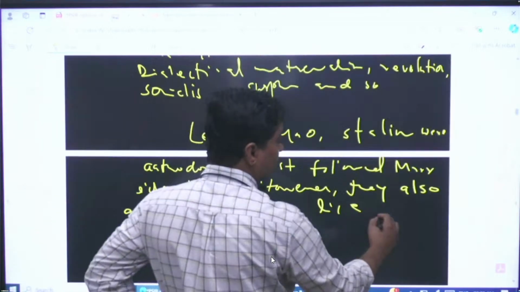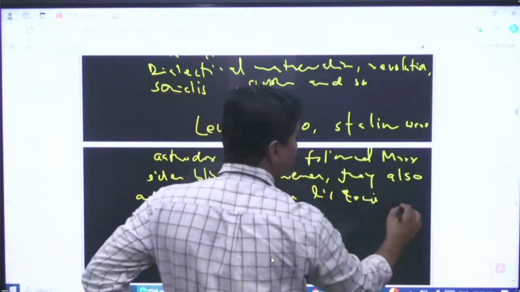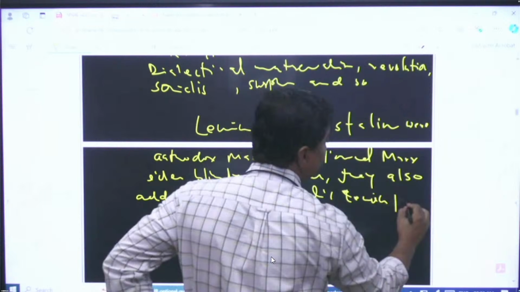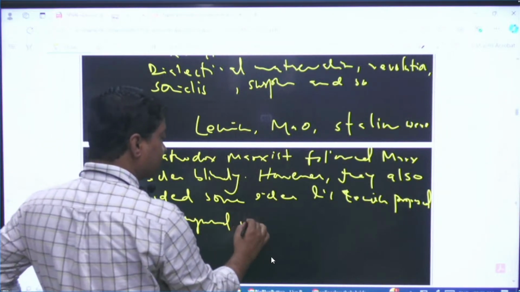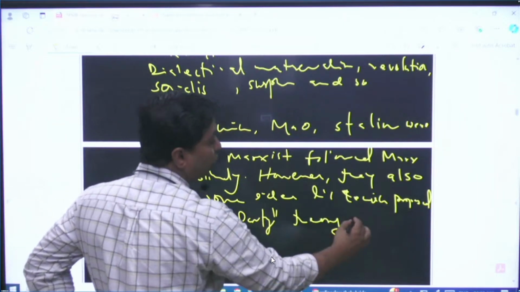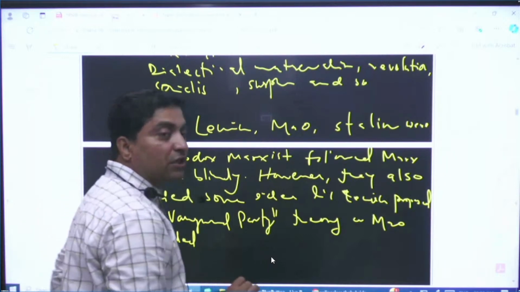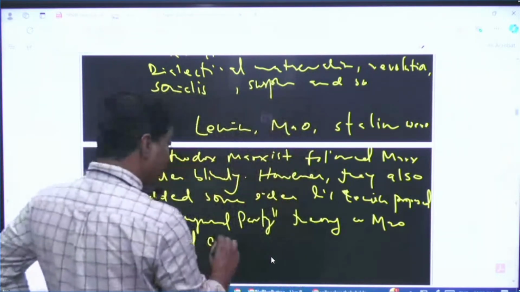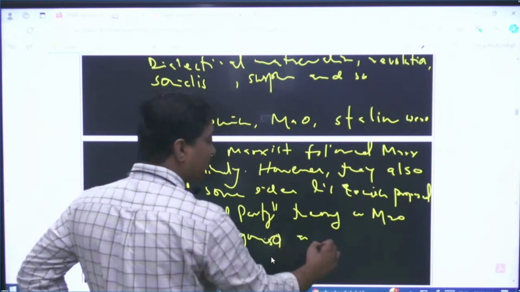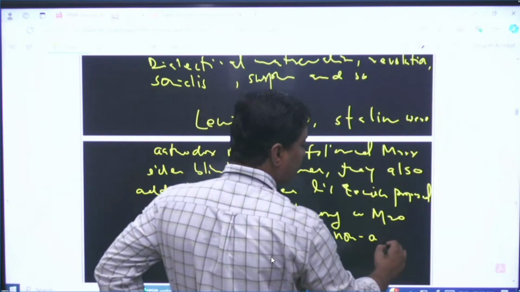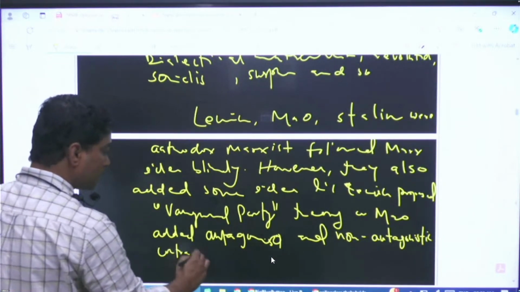Lenin proposed vanguard party theory, or Mao added antagonistic and non-antagonistic contradiction within Marxism, right? Antagonistic and non-antagonistic contradiction in the society.